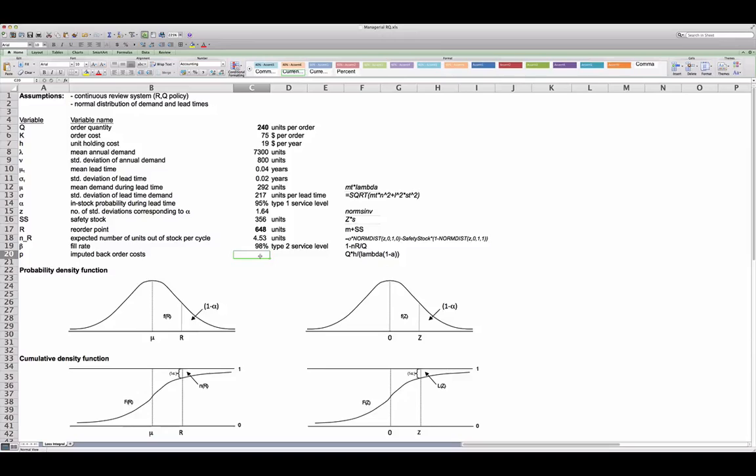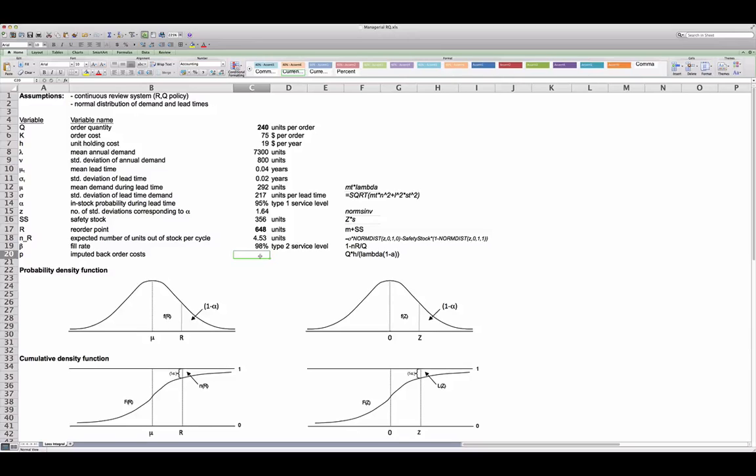Now what I can do though is work backwards and infer what the implicitly assumed backorder cost would be. The reason I can do this, remember, is when I calculate an optimal in-stock probability alpha, I calculate that as 1 minus Q times H over P times lambda. In other words, the optimal in-stock probability is a function of the magnitude of backorder cost P.